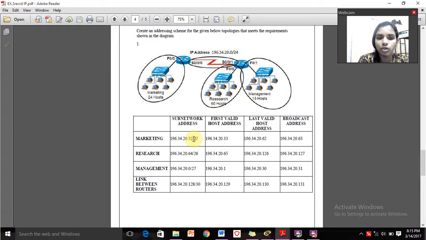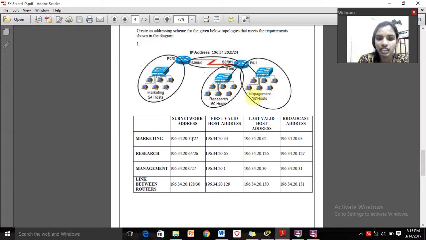According to that, we have to calculate the value. It will be 32, so 196.34.20.32. Next value will be the first valid host address, that will be 20.33, and the last will be .62. Like we have already explained, after 62, 63 will go for the broadcast address.